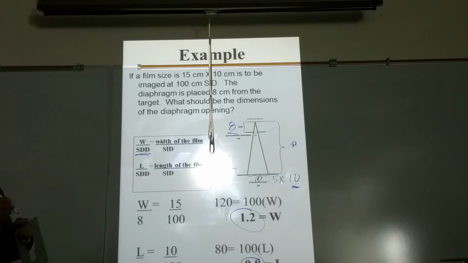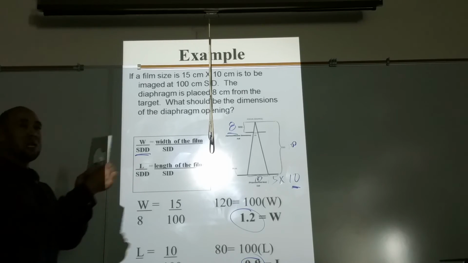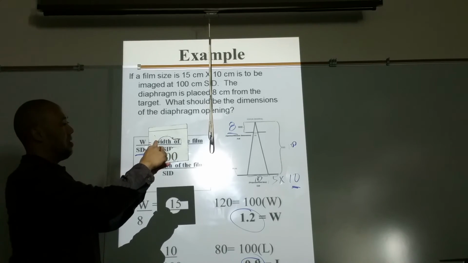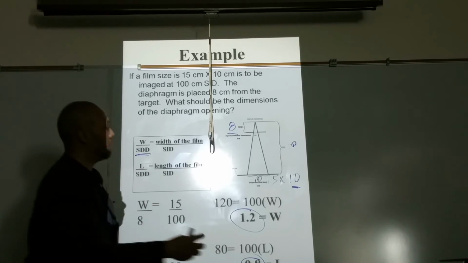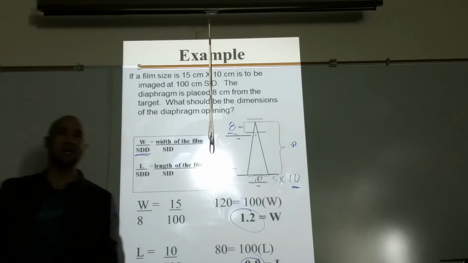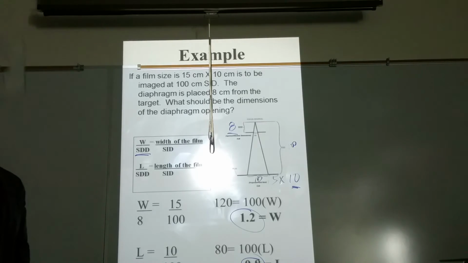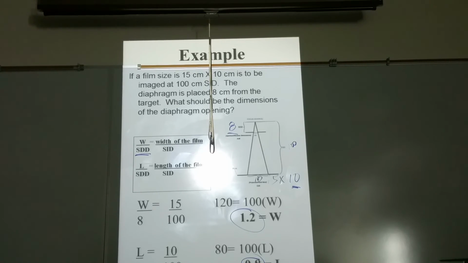What that's saying is my window, if it was square, is going to be 1.2 by 0.8 to give me a beam size of 15 by 10 when it is placed 8 centimeters away from my source. Okay?